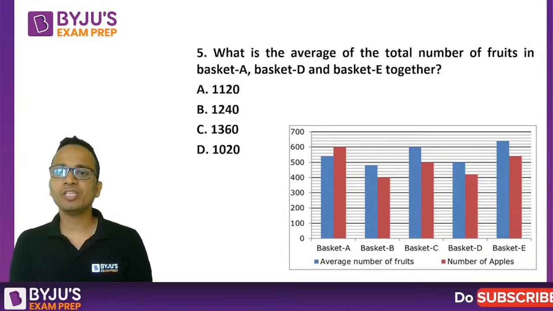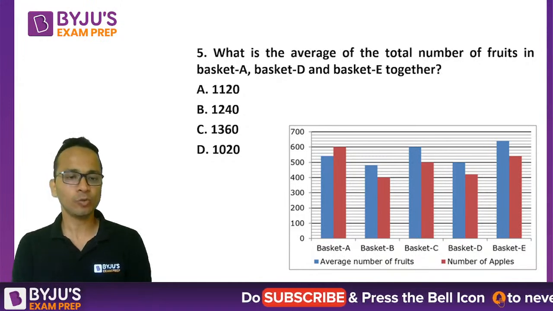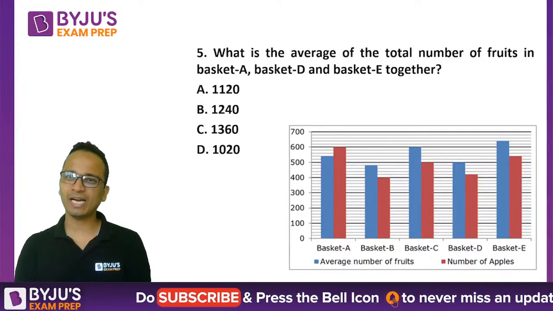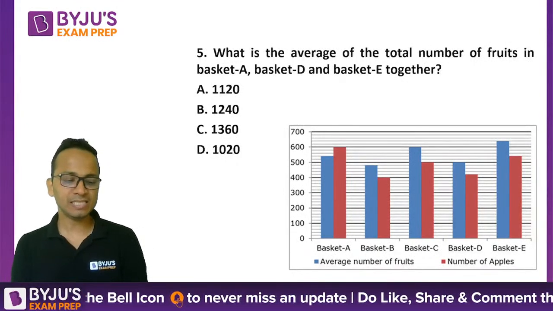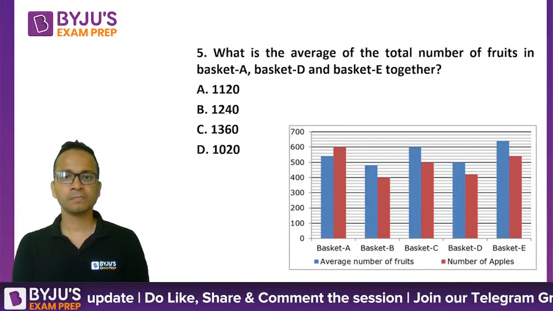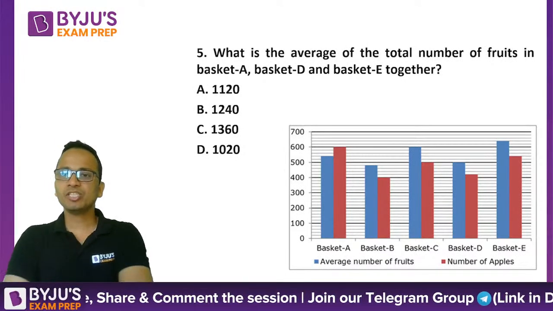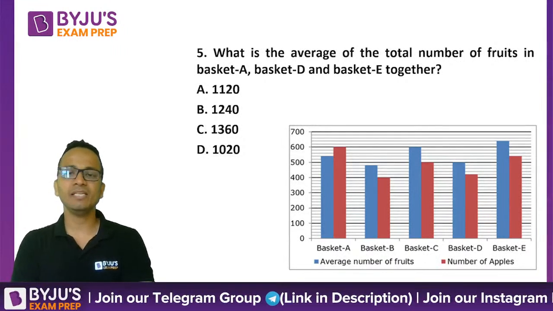What is the average of the total number of fruits in basket A, D, and E together? Now make sure that you are not committing any mistake in this question. Okay, easy question. Average of the number of fruits in basket A, D, and E together.